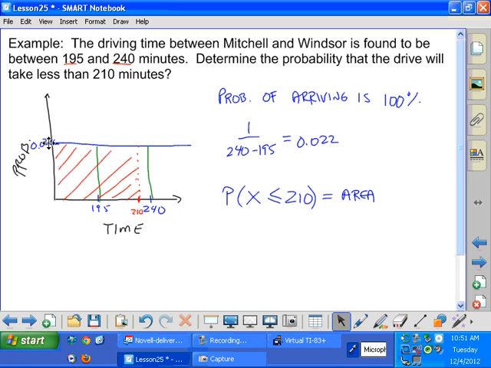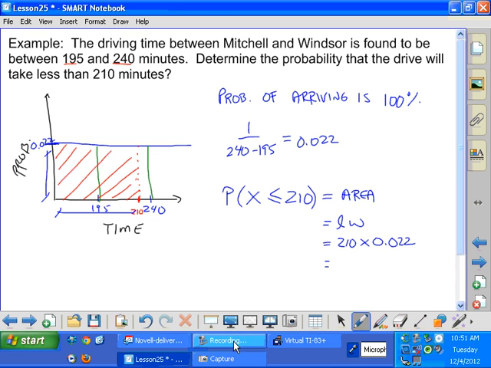So our area, since it's a rectangle, is length times width. We know that the base here, from there to there, is going to be 210, multiplied by our width, 0.022. And when we do that calculation, 210 times 0.022, we get 4.62.